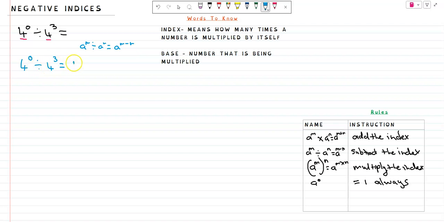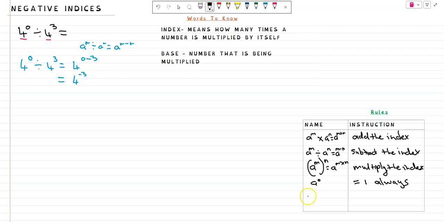We say 4 to the power of 0 minus 3 equals. So what happens when we subtract with 0? It goes into a negative, right? So 4 to the power of negative 3. Now here is where we get to our rule.